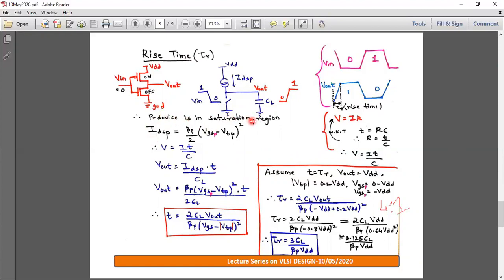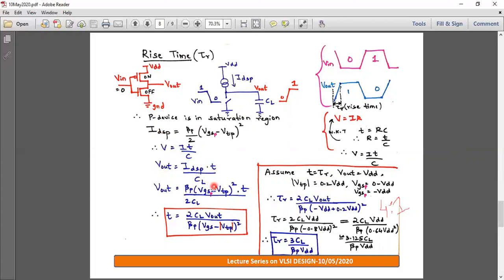So since P is in the saturation region, IDSP can be written as beta P by 2 (VGSP minus VTP) square. As you know, V equals I into R and the delay T is given by R into C. Therefore, V can be written as I into T by C. With respect to the circuit here, V represents V out, I represents IDSP, and C represents the output capacitance load CL.